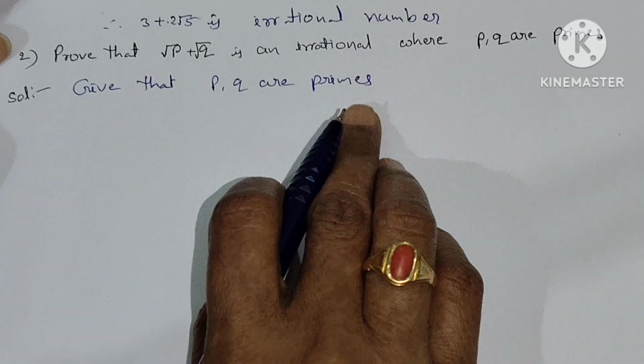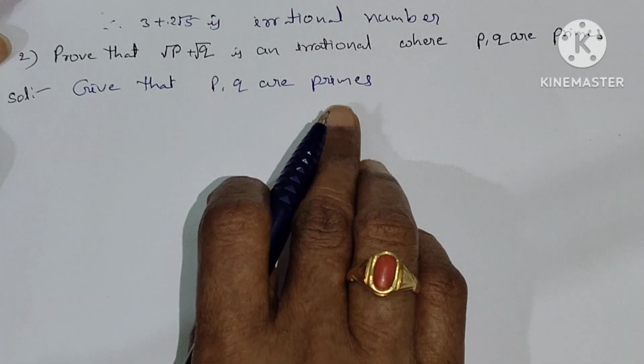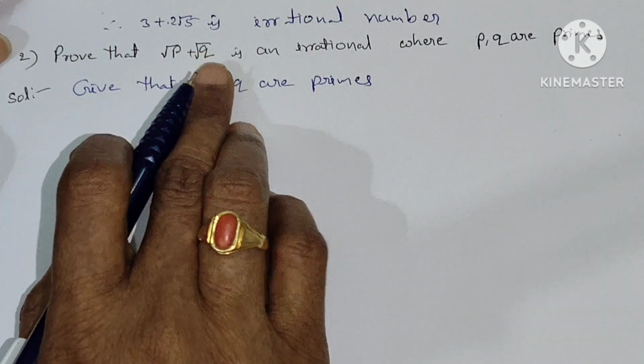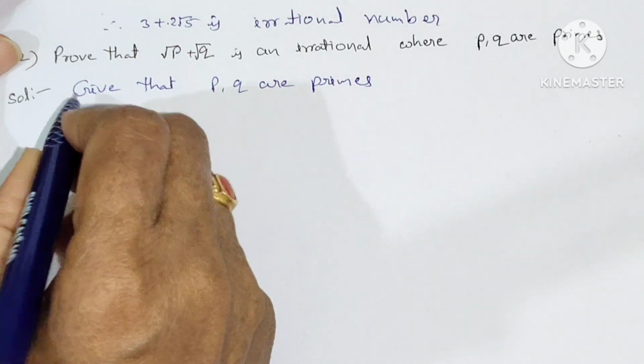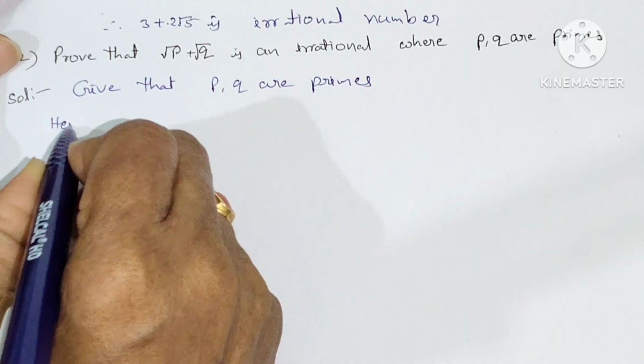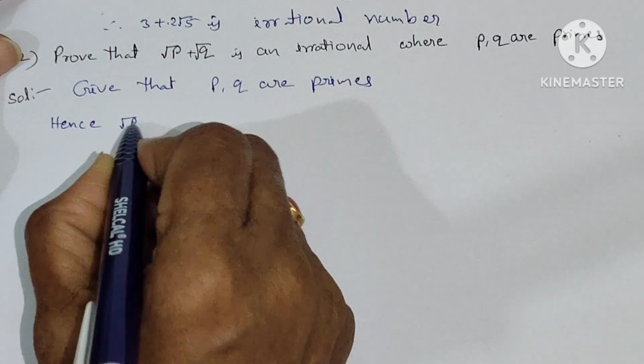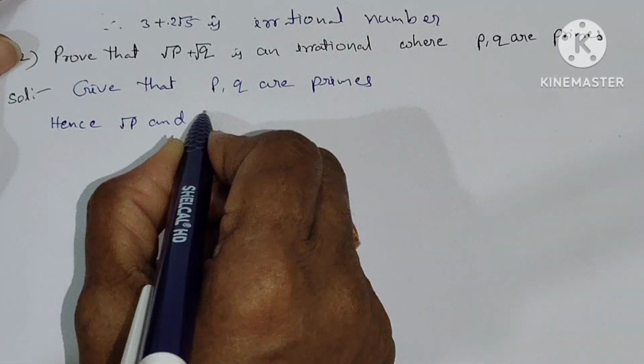P comma q are the primes means root p and root q are the irrational numbers. So hence root p and root q are the irrational numbers.